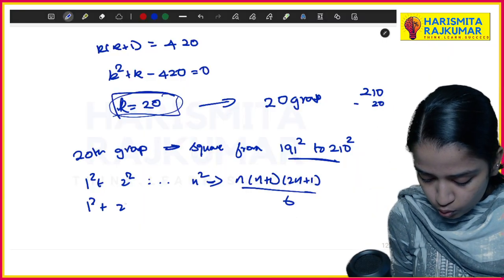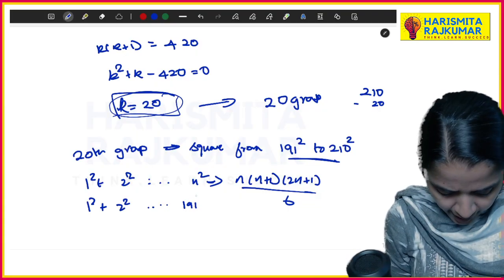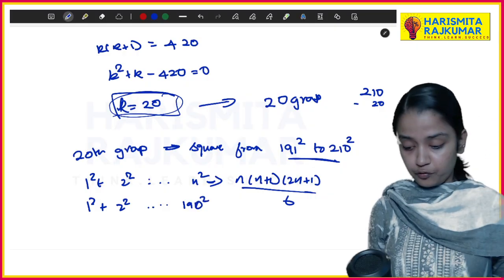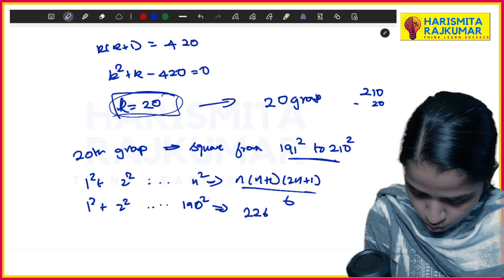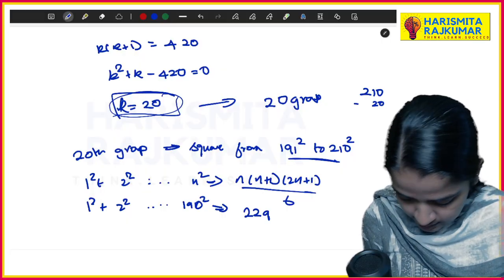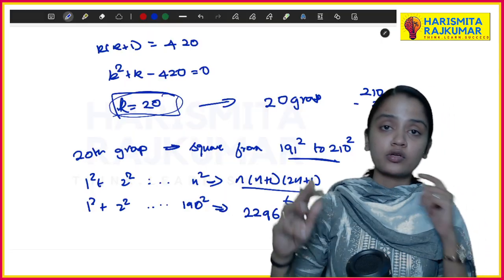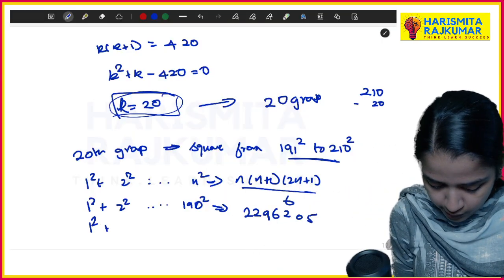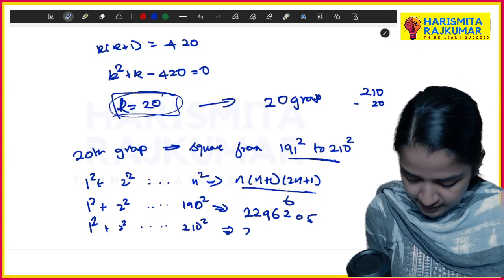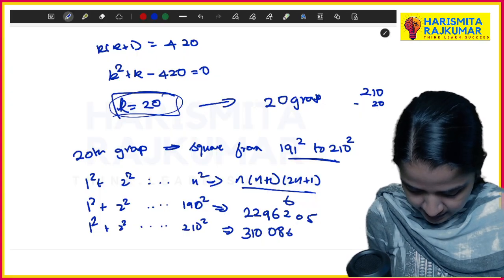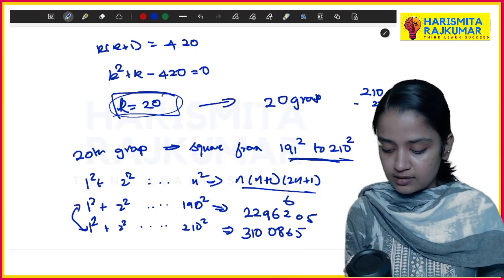So 1 square, 2 square up to 190 square you have to find, and you will get somewhat 2296205. This is 1 square, 2 square up to 190 square. Then again, 1 square, 2 square up to 210 square, that you will get as 3100865.